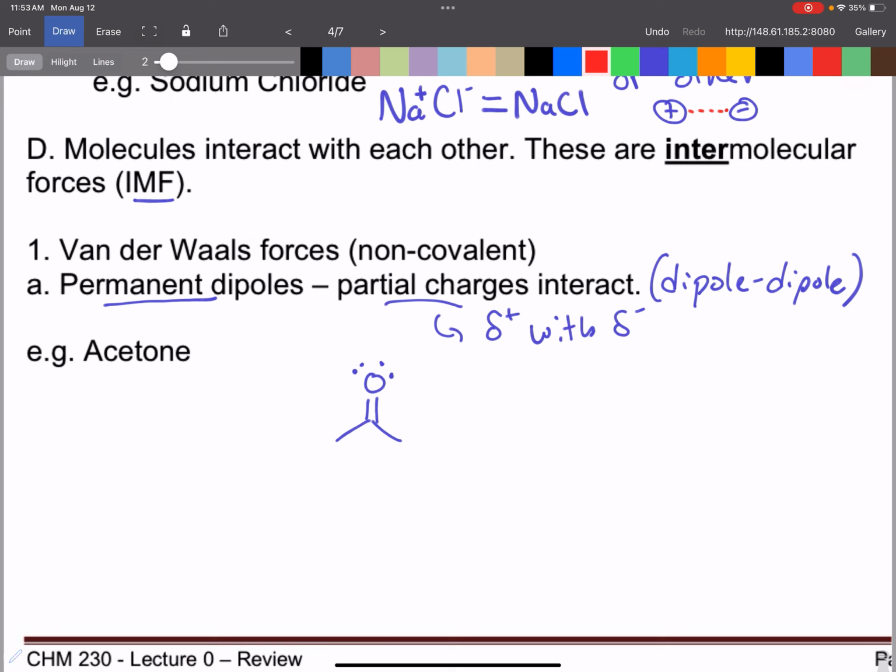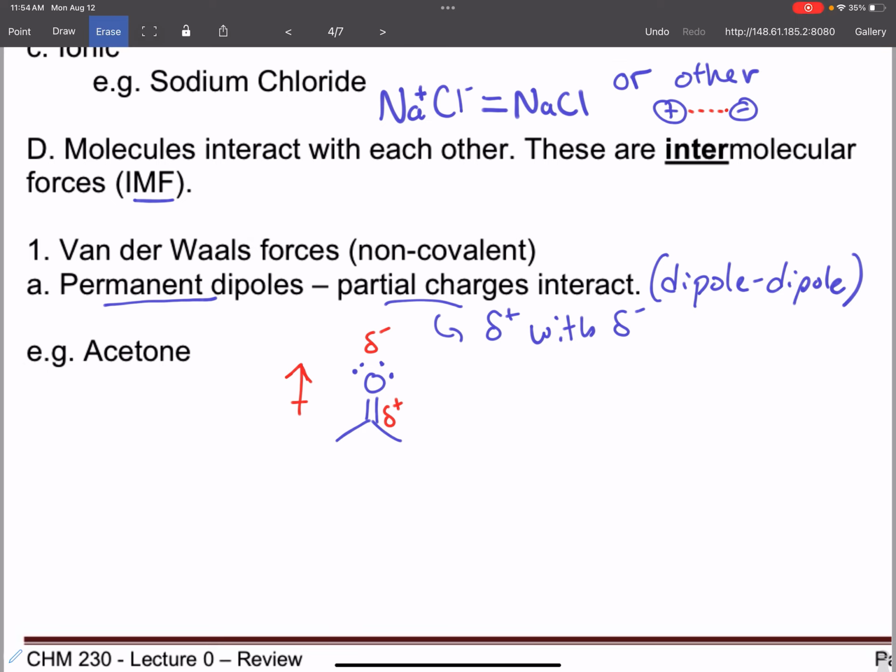So this end of the molecule definitely has a delta minus partial charge. And then the carbon that's double bonded to that oxygen has a delta positive. I'm going to kind of draw it off to the side a little bit there. So acetone's a polar molecule. You could draw a dipole vector like we were previously like that if we wanted to.